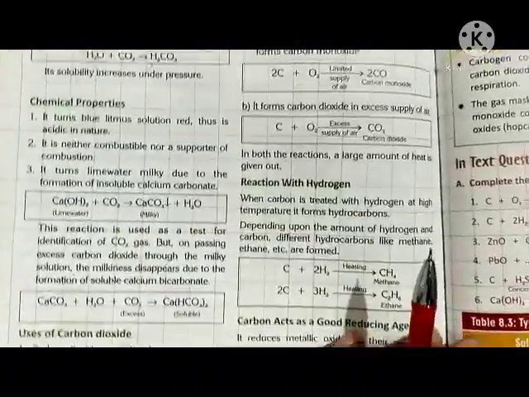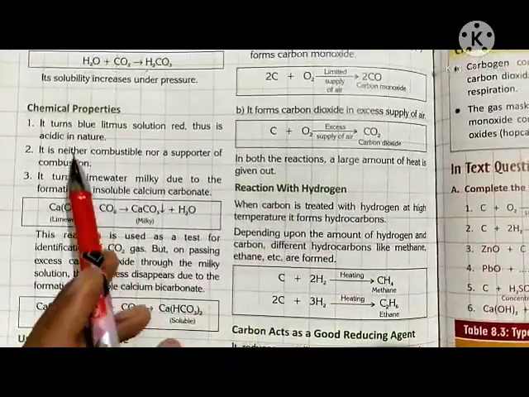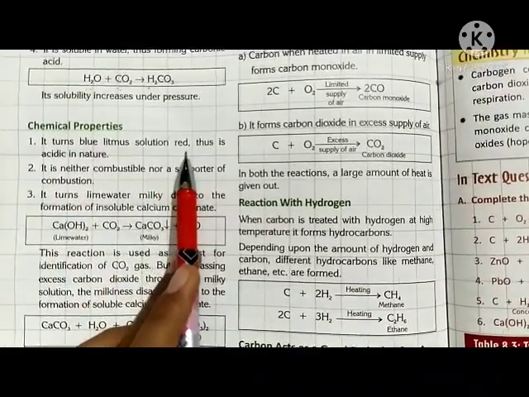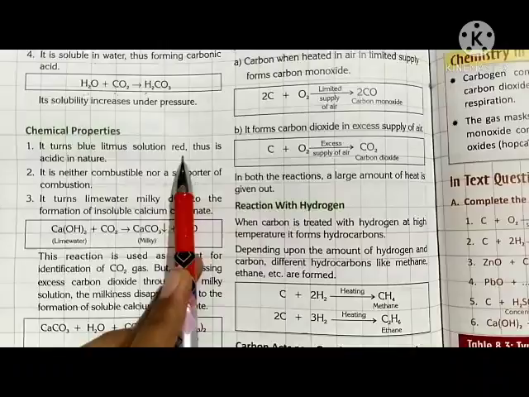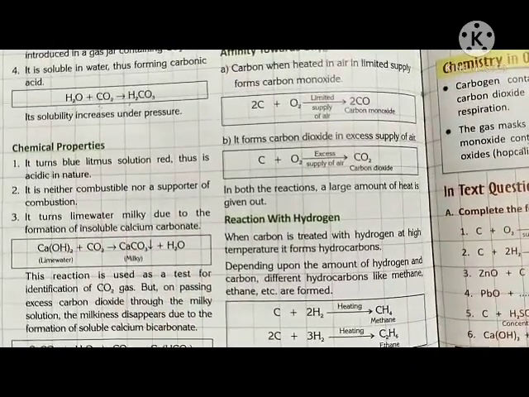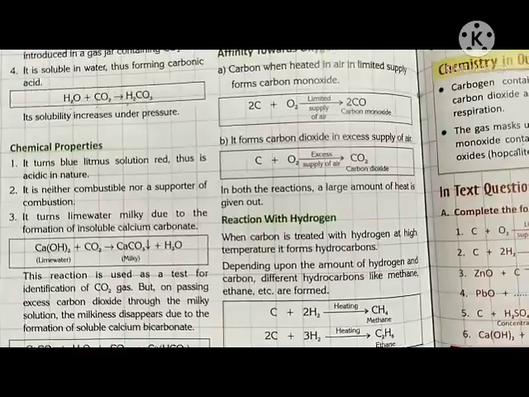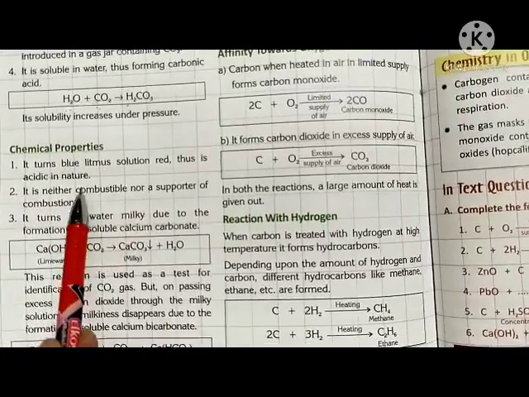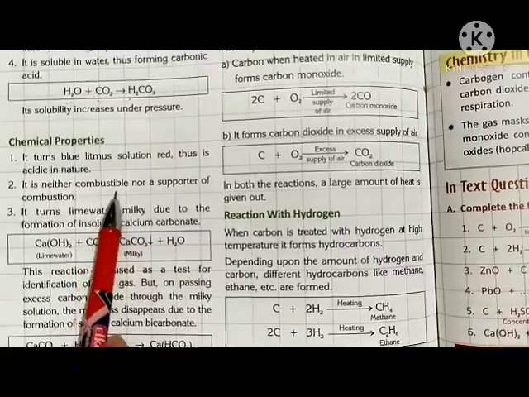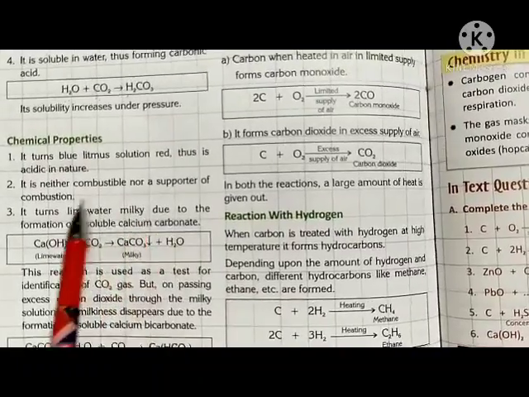Now the chemical properties. What are the chemical properties of carbon dioxide? It turns blue litmus solution red, meaning when you dip litmus paper into a solution which contains carbon dioxide, it turns red. Thus it is acidic in nature. It is neither combustible nor a supporter of combustion.